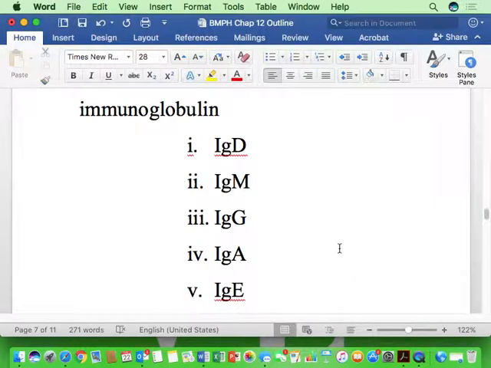And the final class are the IgE. These are found in the secretions of the skin and mucosa.